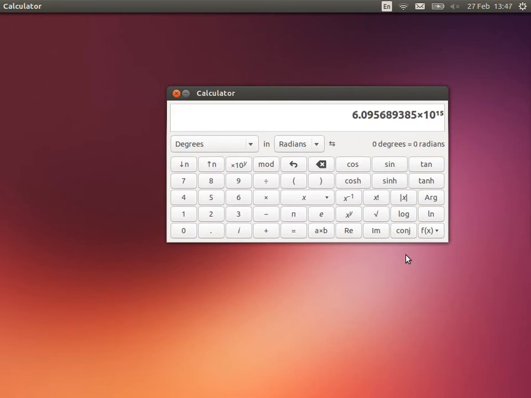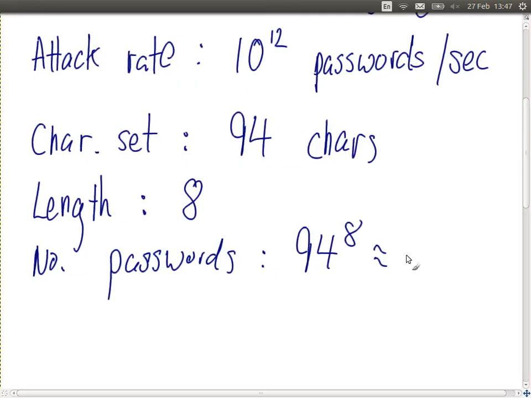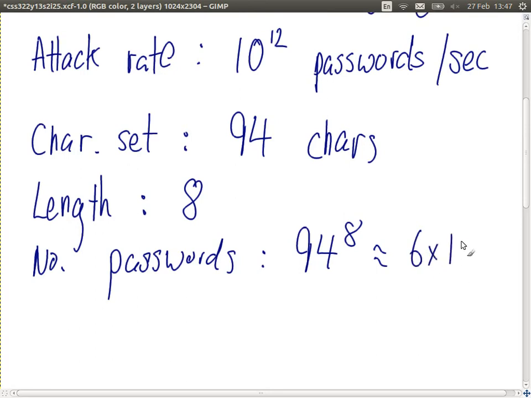Six by 10 to the 15. Okay. If I could break or attack at a rate of 10 to the power of 12, then it would take me about 6,000 seconds now to break. Still possible. Okay, so make it 9 characters.